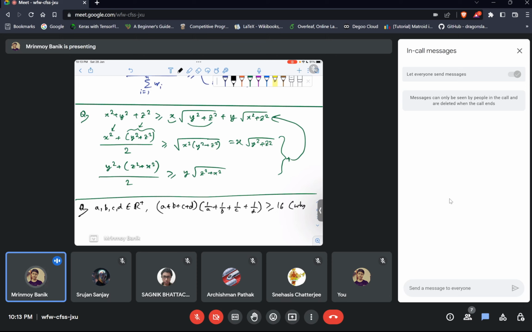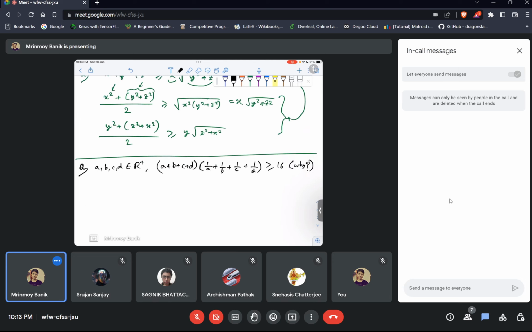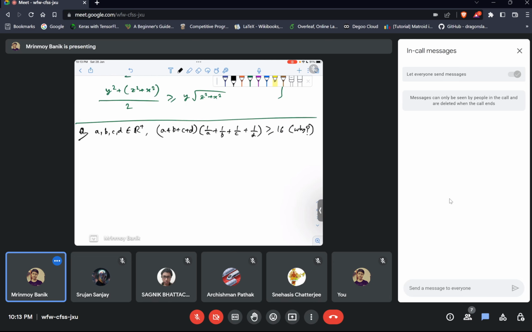So why is this 16? First we need to apply AM-GM on the first four observations. We get 4 times the fourth root of ABCD.